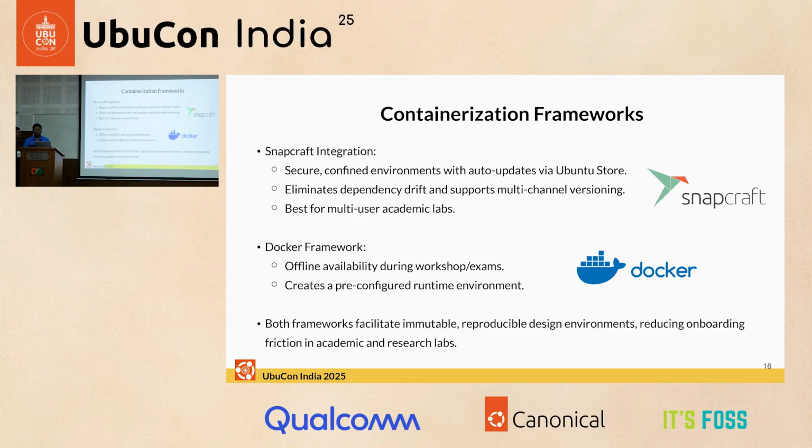It is based on multi-user, and for a workshop where you want eSIM installed on a large number of machines, it will be very easy to install even if it is offline. For academic and research labs, it reduces the time to get things installed when there are a large number of machines for a workshop.